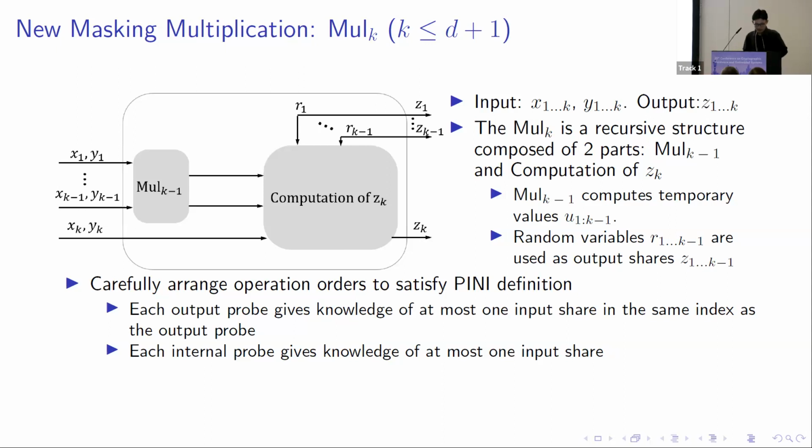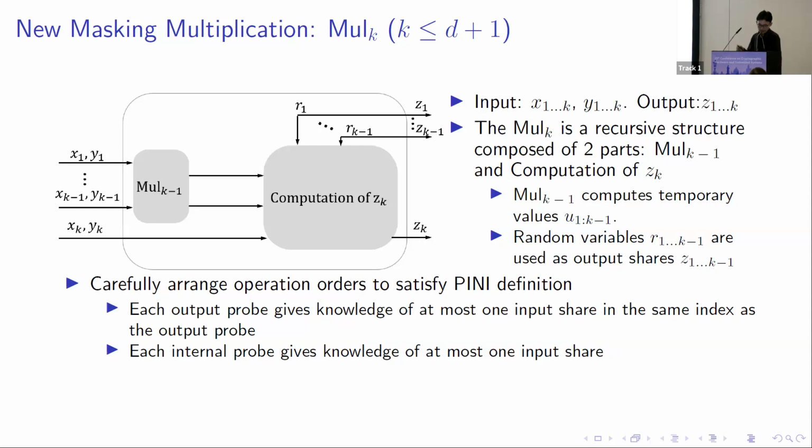The multiplication with K minus 1 shares is called first to compute temporary values U1 to UK minus 1. Then in the process of computation, random variables R with index 1 to K minus 1 are generated and used as output shares Z1 to ZK minus 1.